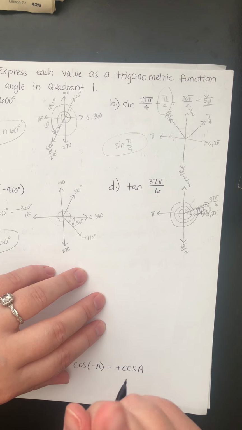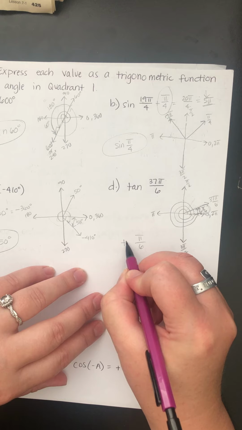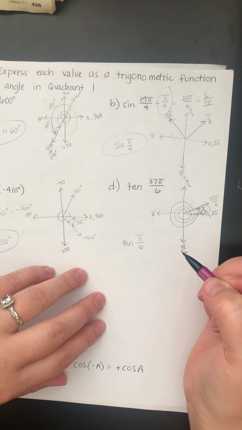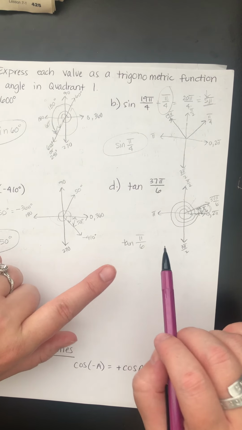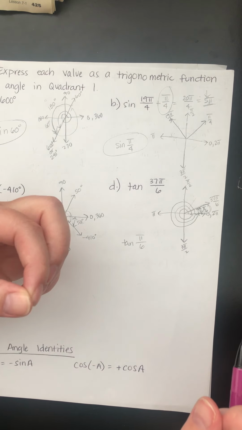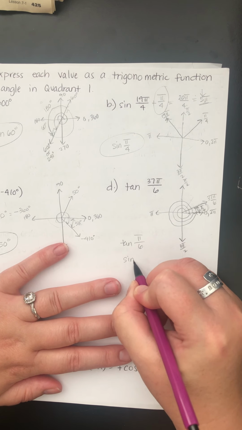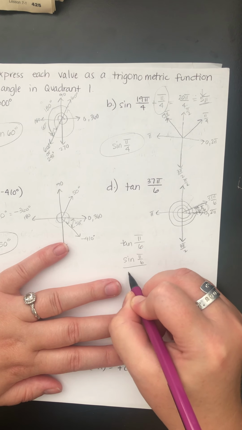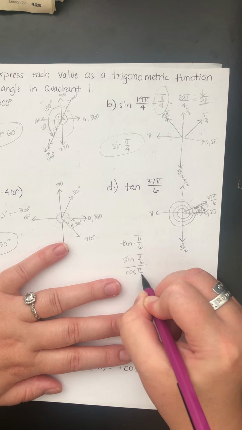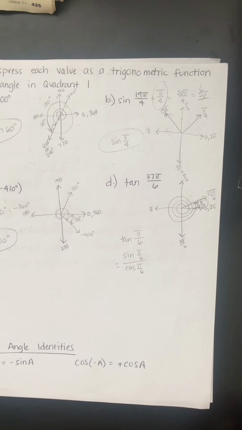So it's case 1. So pi over 6 is going to be our angle, and we have the tangent of pi over 6. You do want to think of this in terms of sine and cosine and then change it to tangent because it's in the first quadrant. So if we write it in terms of sine and cosine, it's the sine of pi over 6 over the cosine of pi over 6. Remember, sine over cosine is the same thing as tangent.